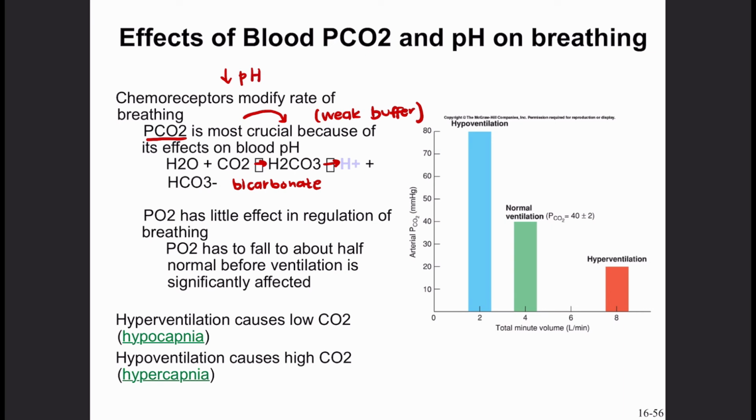And so high concentrations of carbon dioxide are the most crucial to measure because of its effect on pH. The pressure of oxygen actually has very little effect in regulation of breathing because at any given time, the pressure of oxygen is relatively high. The pressure of oxygen would have to fall to about half normal before ventilation is actually significantly affected.